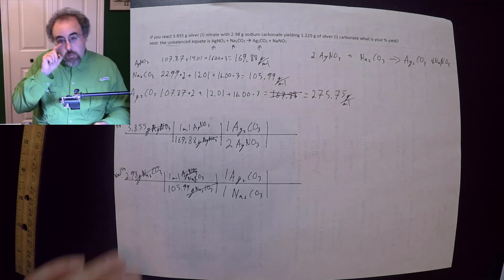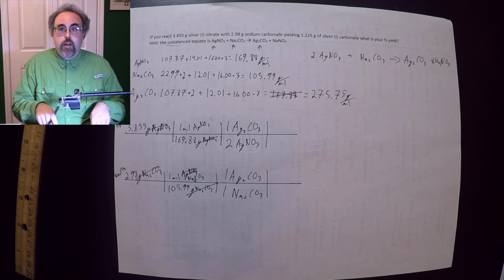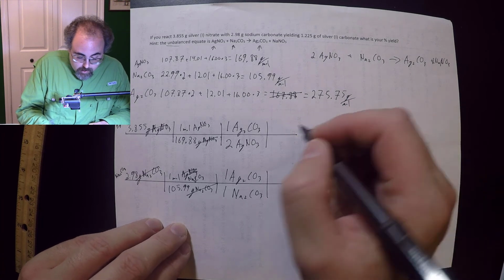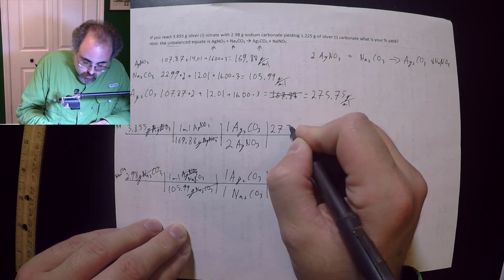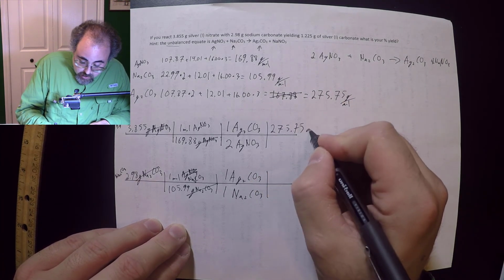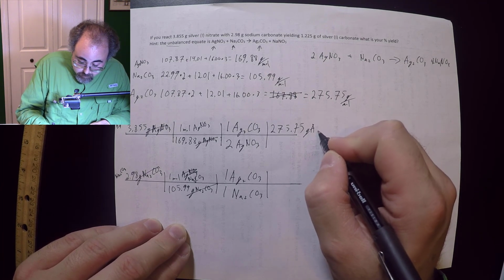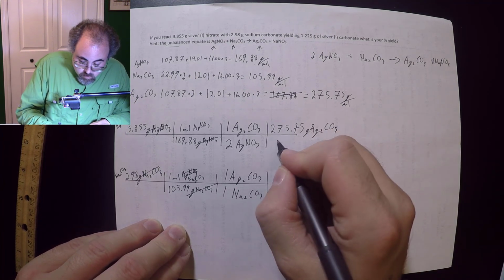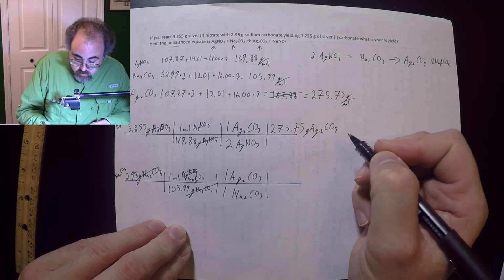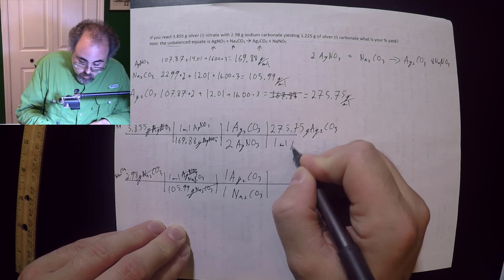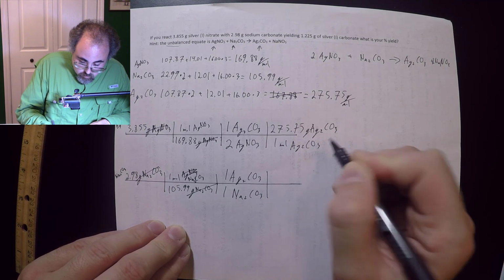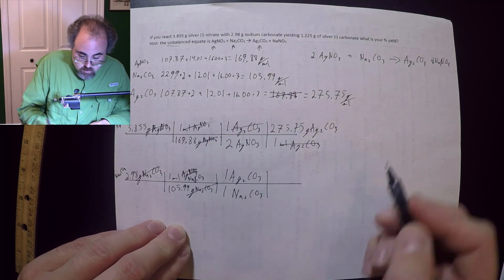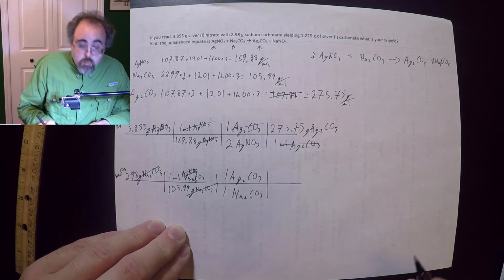And at this point, I'm going back to grams. I don't actually have to go back to grams at this point. I can do moles here, but I'm going to need grams anyways. It's not that much work. So this would be 275.75 if I was doing this by hand, instead of using a calculator. And then this is 1 mole Ag2CO3. I probably should have put the word mole there, but I usually don't.